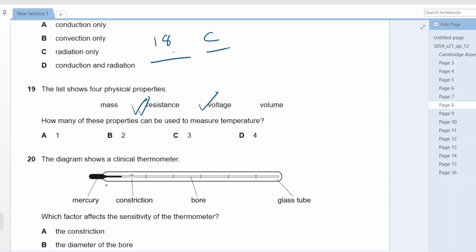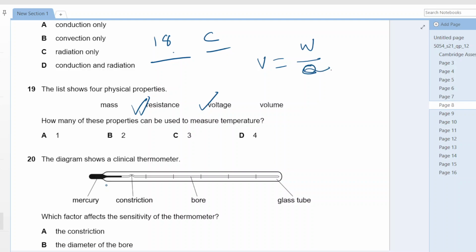And voltage is potential difference, work done per Coulomb of charge.